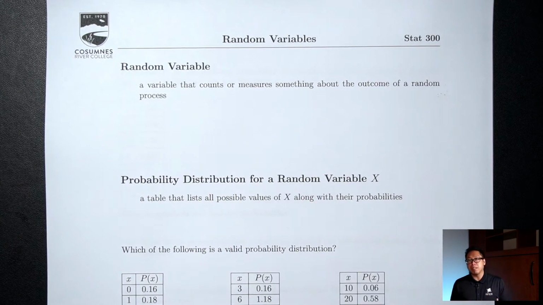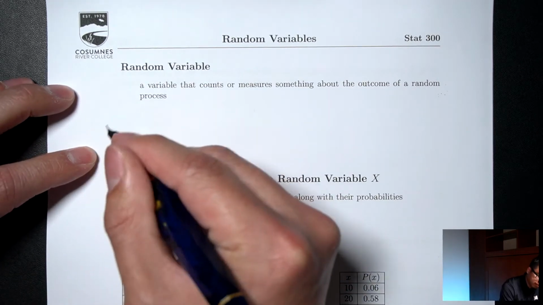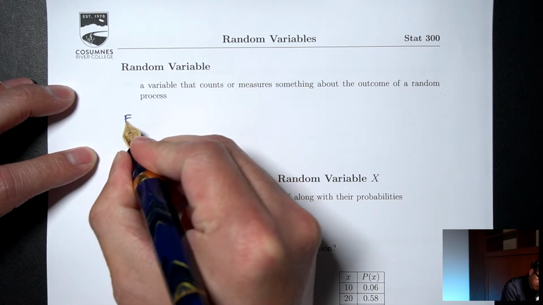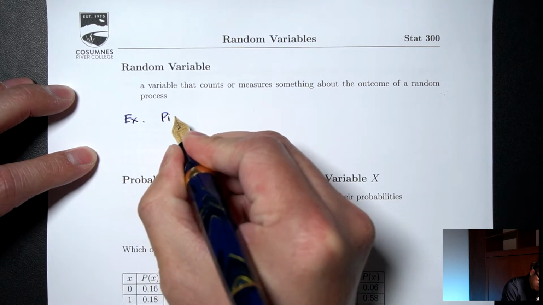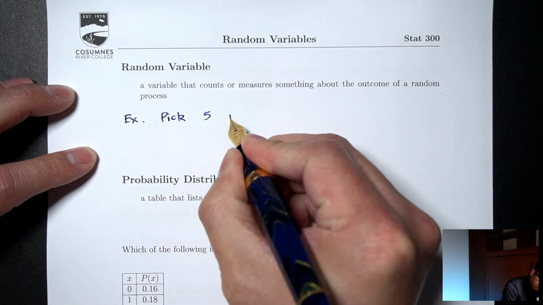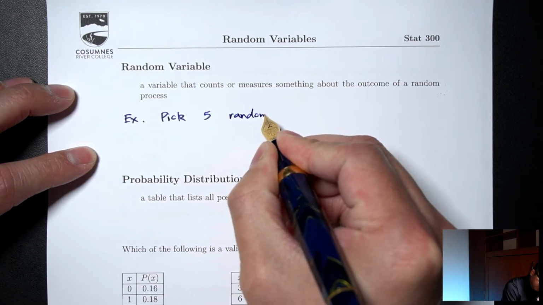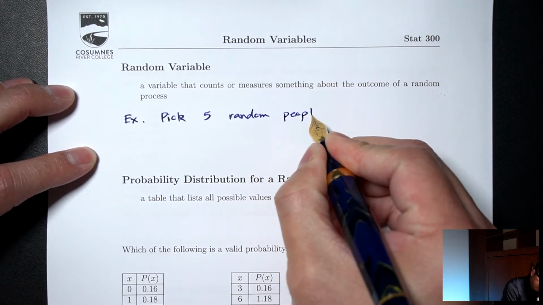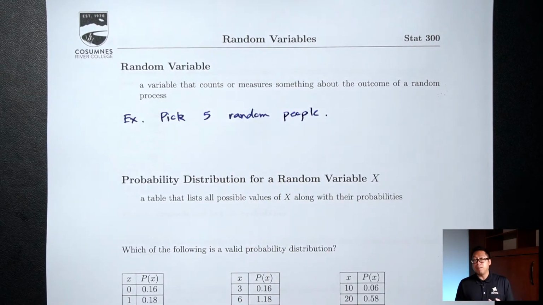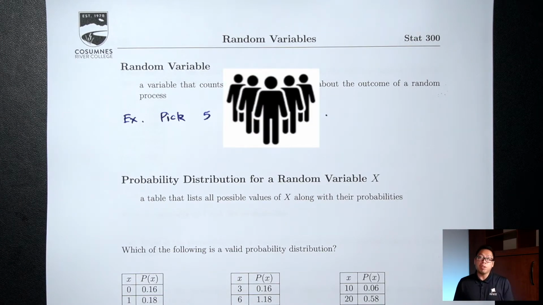And for statistics, the main example that we're going to be talking about is picking random people. Say I pick 5 random people. In and of itself, I don't end up with numbers. I'll just end up with 5 different people. But I can force it to be a number by counting or measuring something.